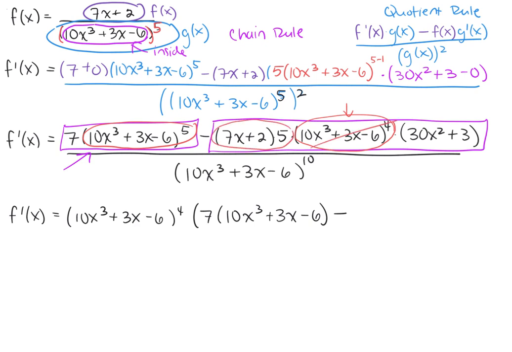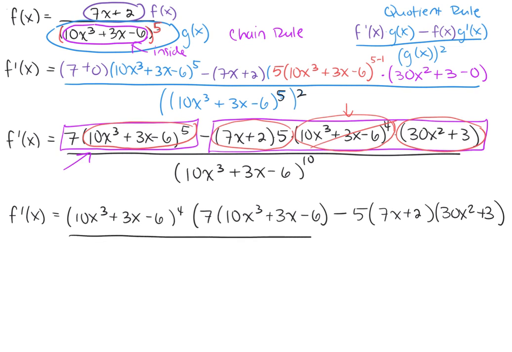This I already just factored out, and I'm still going to have that left. So that's going to give me 5 times 7x plus 2 times 30x squared plus 3 in the numerator, okay? And then that's all over that denominator of 10x to the third plus 3x minus 6 to the 10th power.